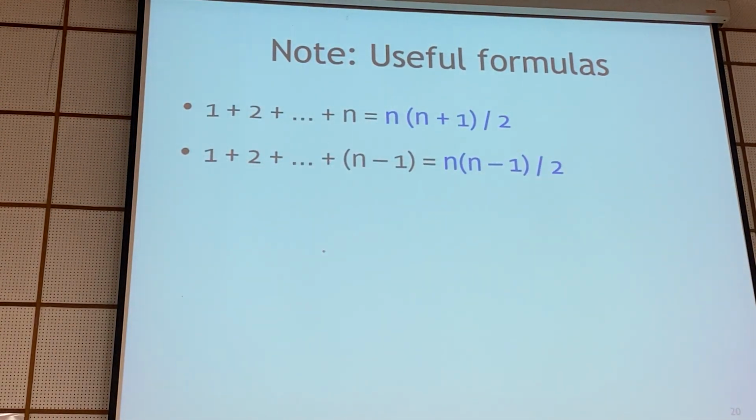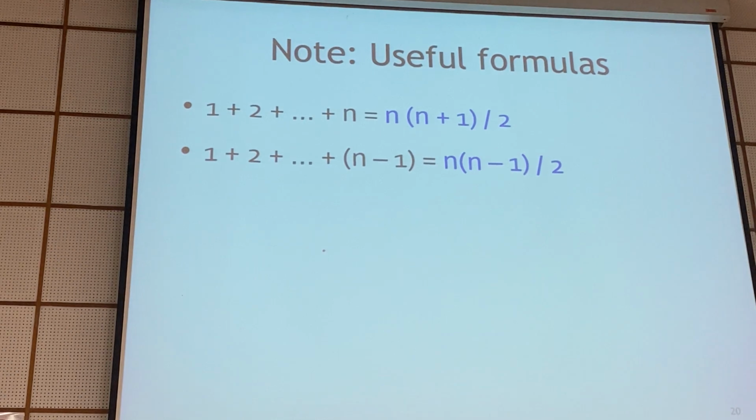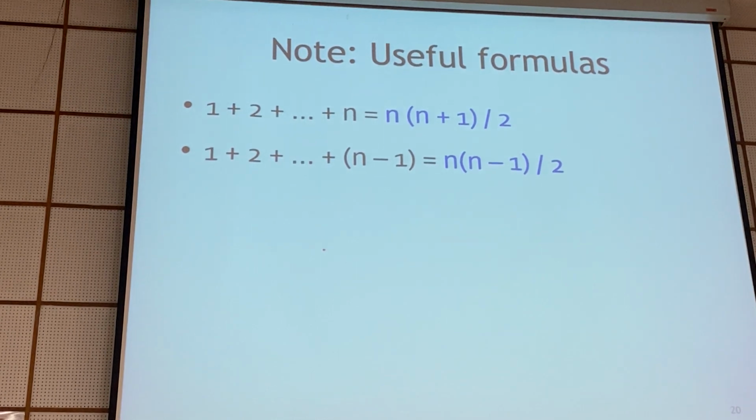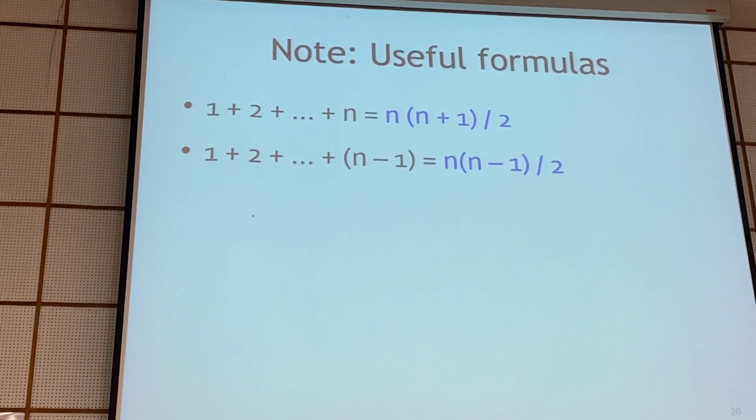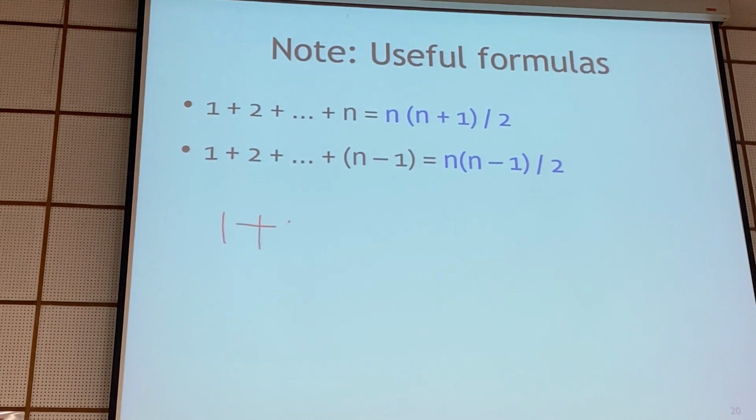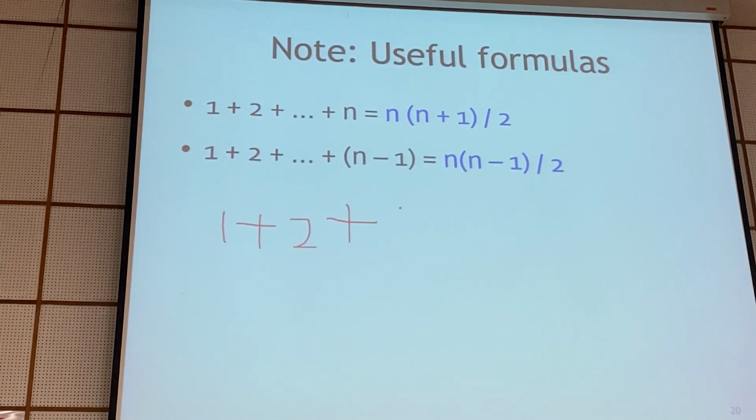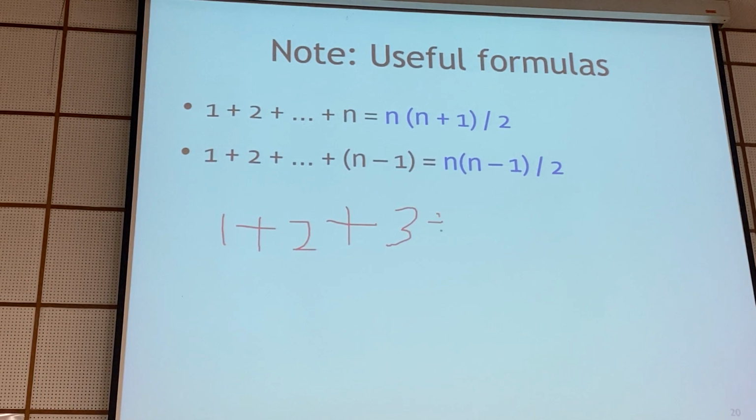So now, this is the formula. I think some of you already know. If I have a number and I want to add like this, until 10, what is the value?